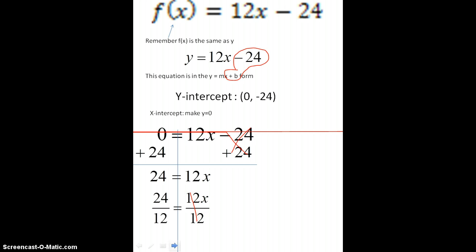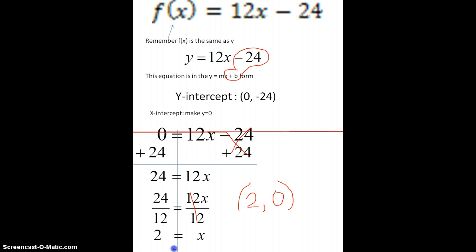That cancels, and so 2 equals x. So my x-intercept would be 2, 0. Okay? So in order to find the x-intercept, I still have to make y equals 0, even if it's in slope-intercept form.